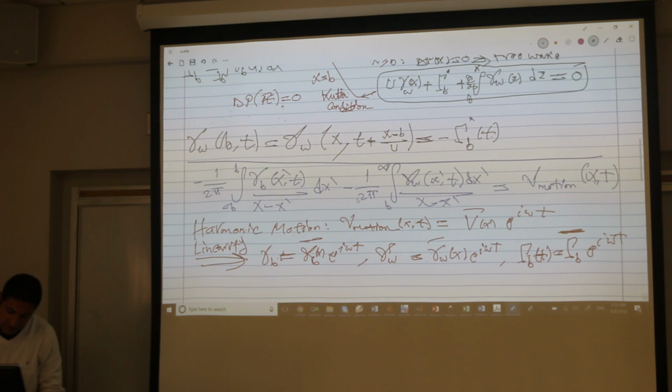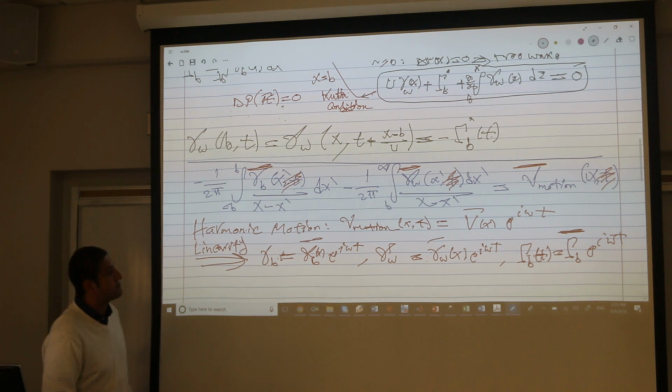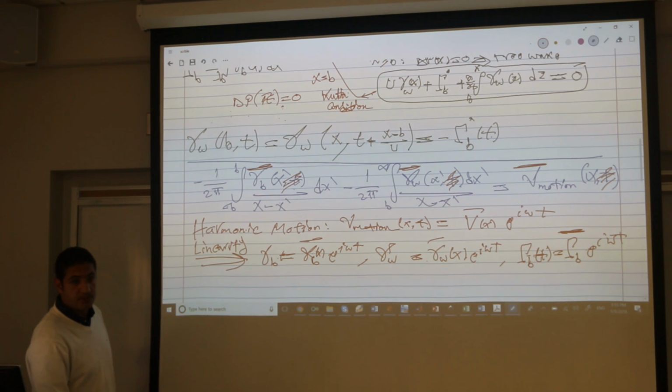Okay, so this means that everything here will be times e^(i omega t), so you can take it as a common factor, all the t dependence will go away and you end up with just bars here, the spatial quantities. Any question about that?